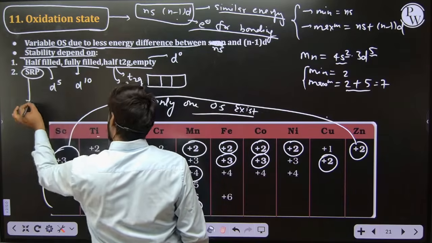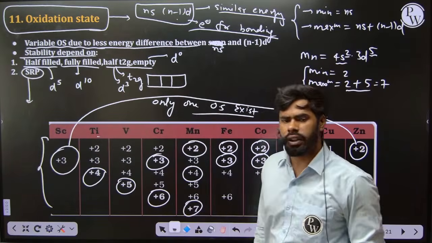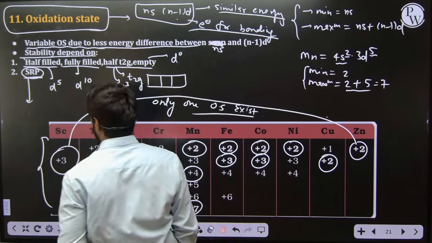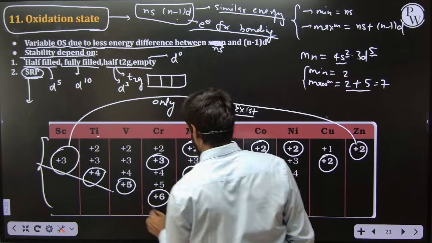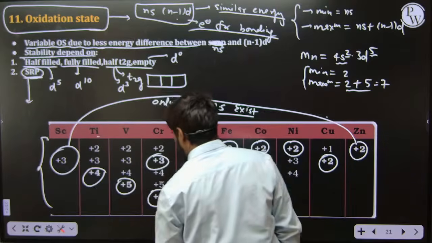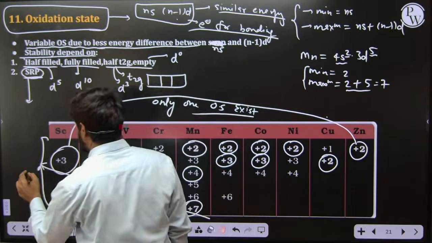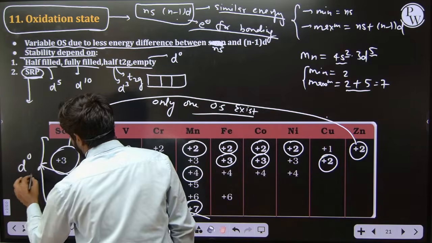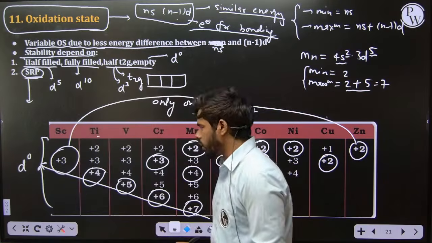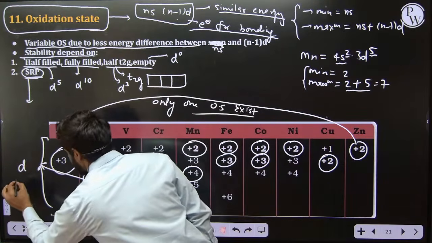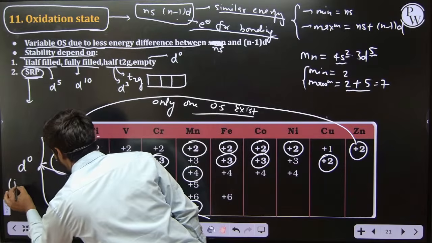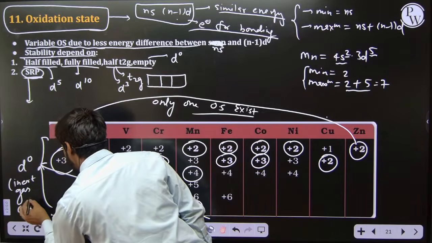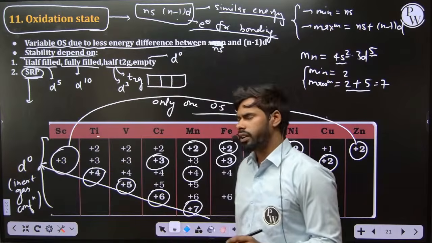The second factor, which is very important, is the SRP, standard reduction potential, which we will talk about later. First of all, all the oxidation states given here have a d0 configuration, which is also known as a pseudo inert gas configuration. Since they have an inert gas configuration, they are more stable.